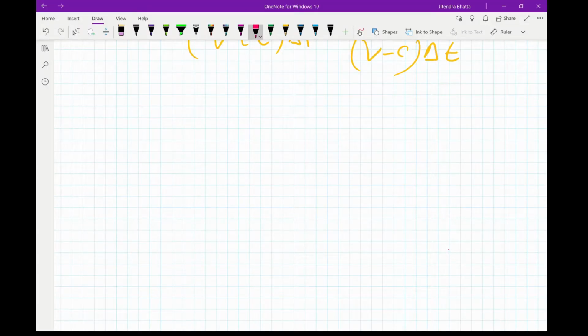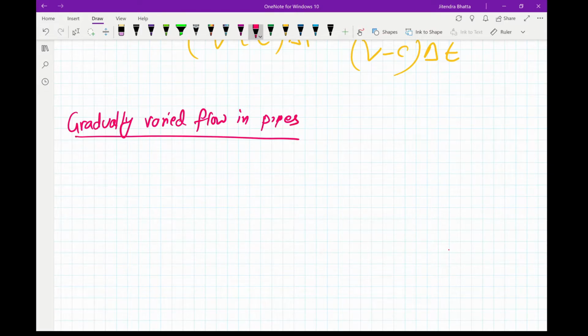Similarly, when you look into another case which is gradually varied flow in pipes, where you will have your continuity equation, let's represent that by C as dP by dt.